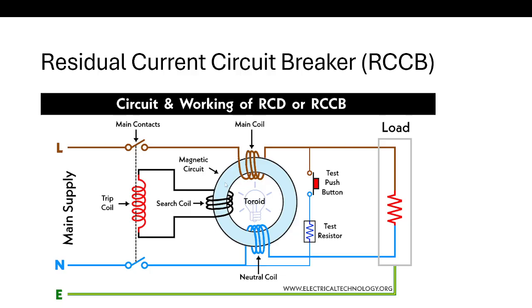This is the secondary coil, and the magnetic imbalance induces voltage in this coil. So this activates the trip mechanism and the RCCB disconnects the system supply instantly. It activates the trip coil and the circuit gets disconnected.